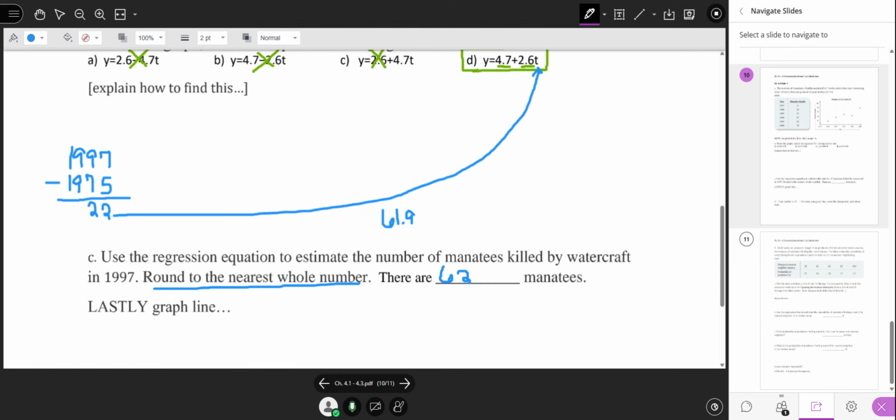The last thing you're going to do is graph. 4.7 is almost 5. Okay? So when x equals 0, our y is almost 5.